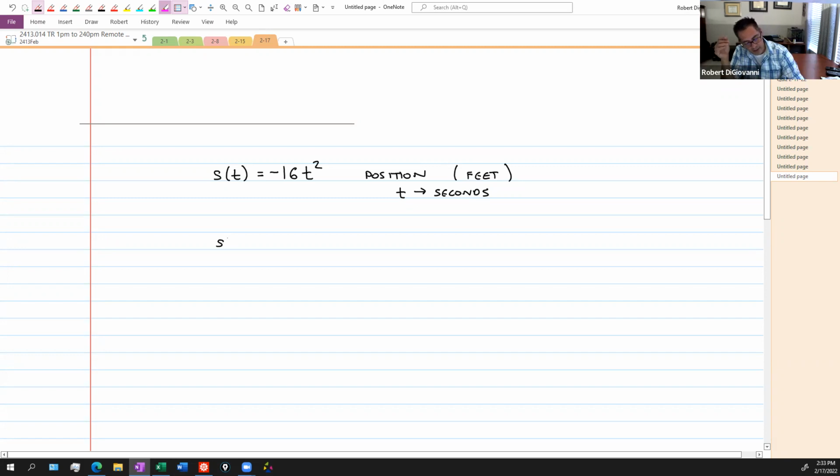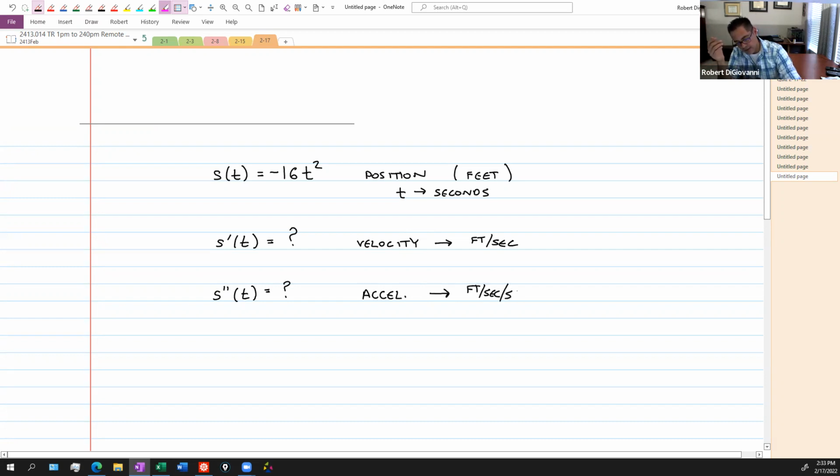Then if we take the derivative of this, whatever that is going to be the velocity, and the units of this would be in feet per second. And if we do the second derivative, then this is going to give us the acceleration function, and that will be given to us in feet per second per second.